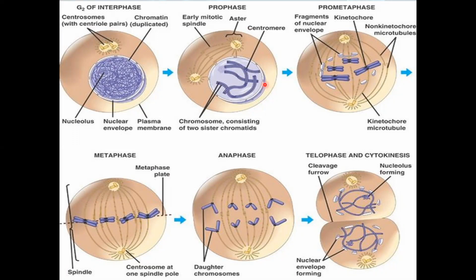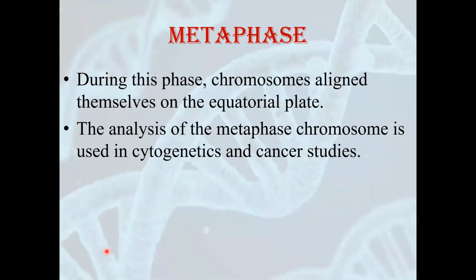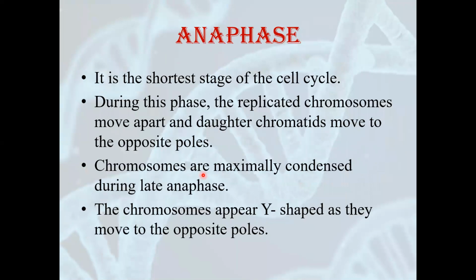In prophase, they are still condensing, so the structure is not very clear. In anaphase, they have already split. In telophase, they are in chromatin network form. So this is the best stage to study the structure of chromosomes. Here it is written, the analysis of metaphase chromosomes is used in cytogenetics and cancer studies.